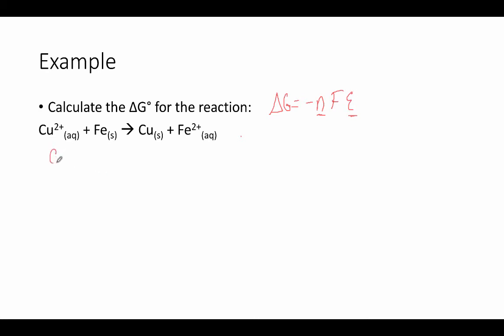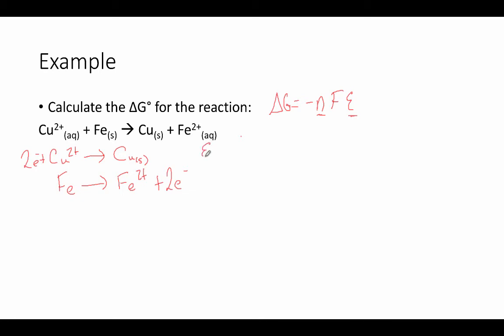So our first half reaction is between copper ion going to copper solid, and to balance this, the atoms are balanced but the charge is not, so we have to add 2 electrons to the left side. And then we have our iron half reaction, and that goes from iron solid to Fe2+. We're also going to add 2 electrons to the right side.